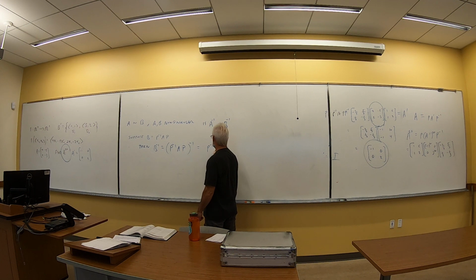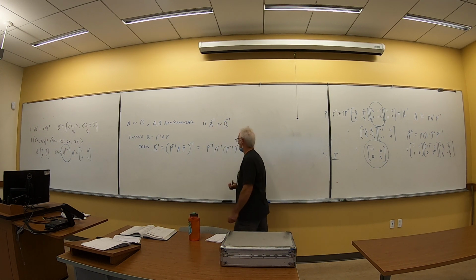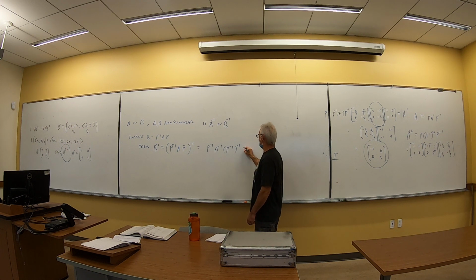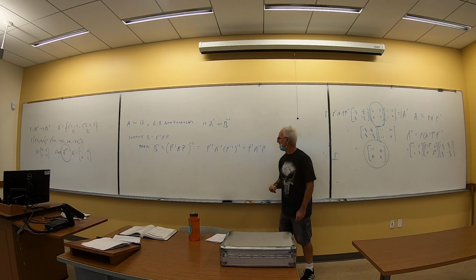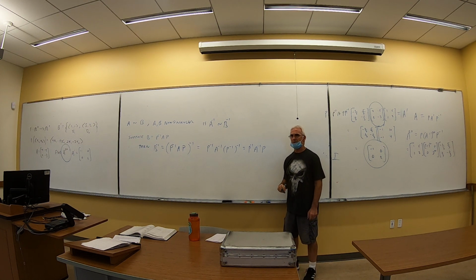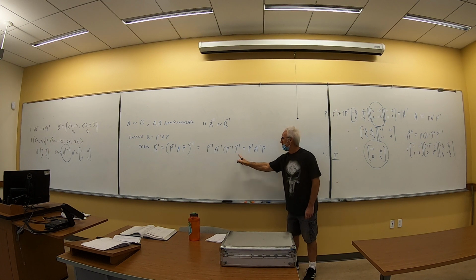P inverse, A inverse, P inverse inverse. Wait, what's P inverse inverse? Now what? We're done. What have I got? B inverse equals P inverse A inverse P. Whoa, that was easy. Almost too easy.